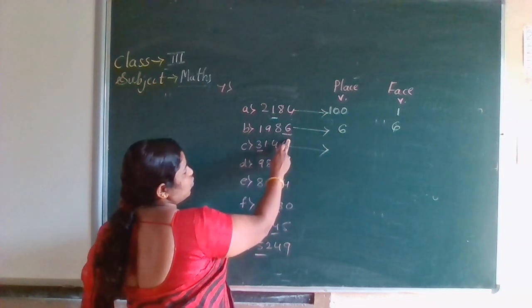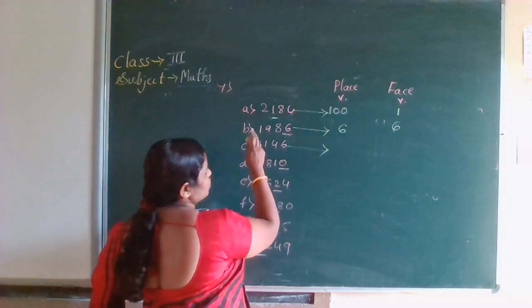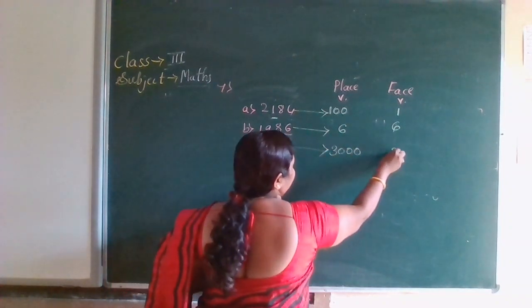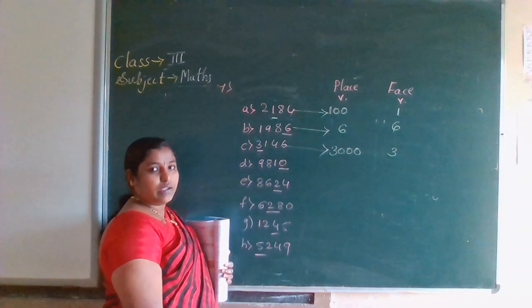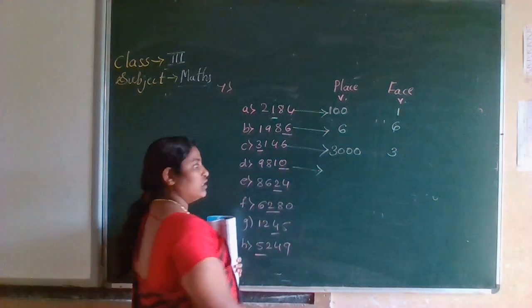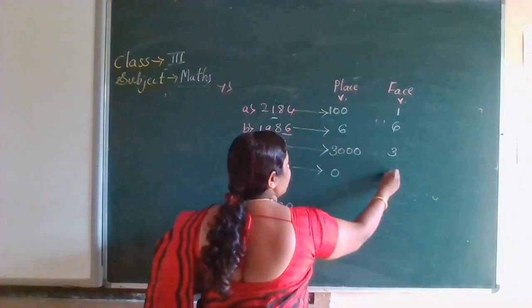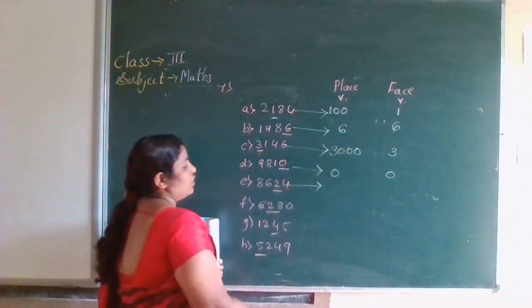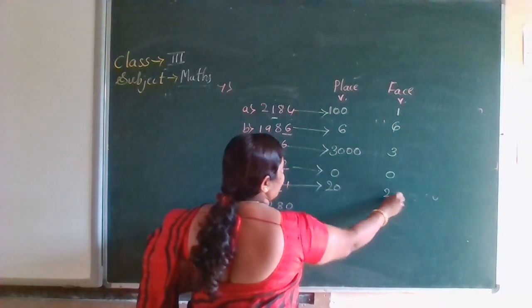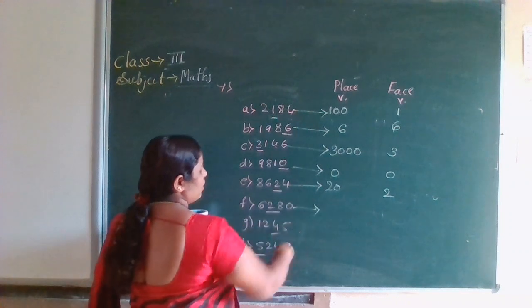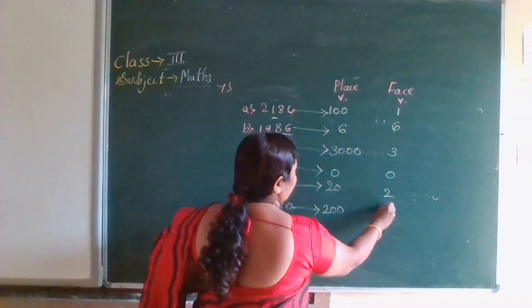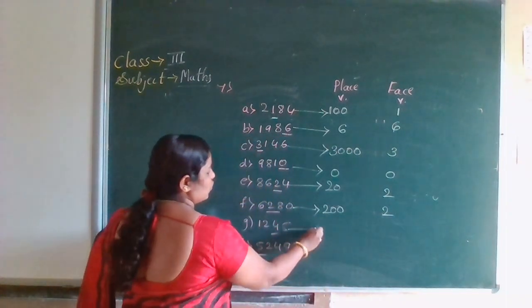Which place is this? Ones, tens, 100, 1000. So 1000 into 3, 3000, and the face value is 3. This is 0. 0 into 1, 0. Face value is also 0. Tens into 2, 20, and face value is 2. Underlined number is 2. 2 into 100, 200, and face value is 2.